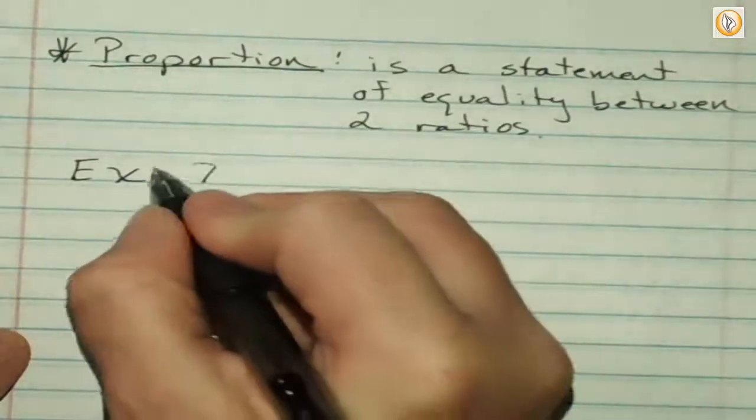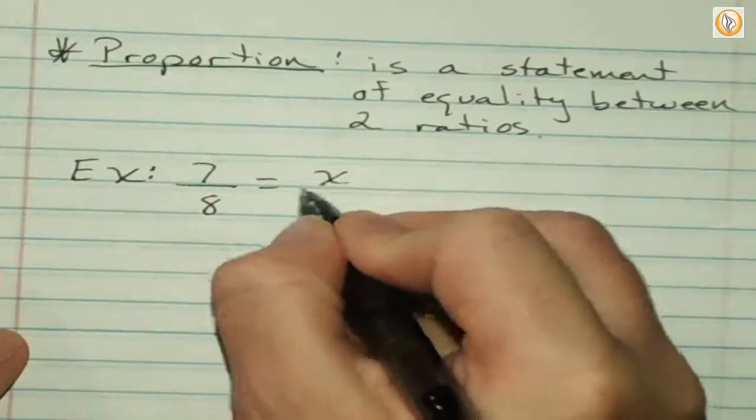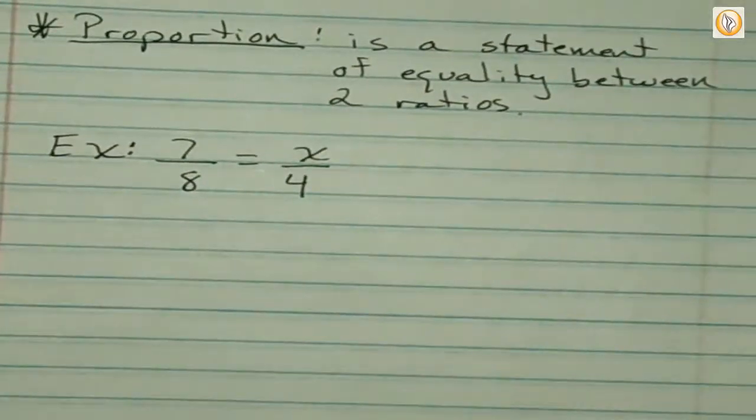Let's say I have 7 over 8 equals x over 4. Raise your hand if you don't even know the question I'm asking. Raise your hand if you can remember how to solve for x. Gabby. Cross multiply. That's it. You are cross multiplying with proportions.